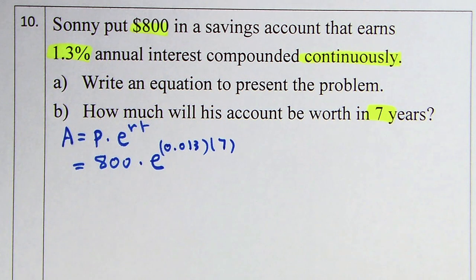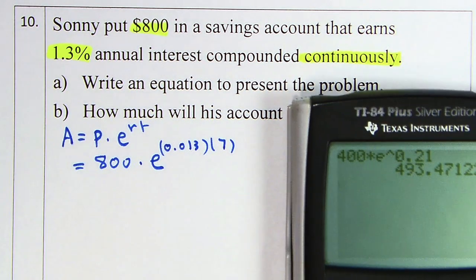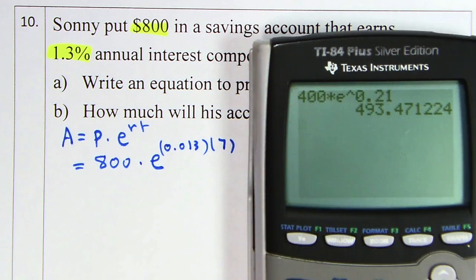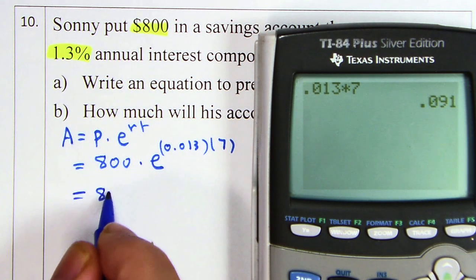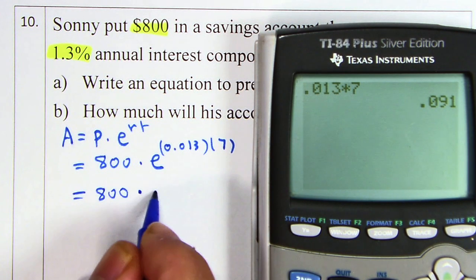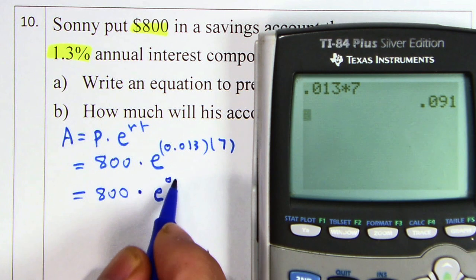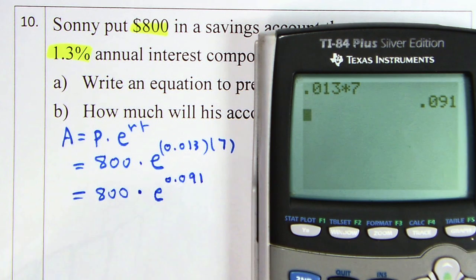Again, simplifying our numbers using a calculator, we could say 0.013 times 7 equals 0.091. That's 800 multiplied by e to the power 0.091.